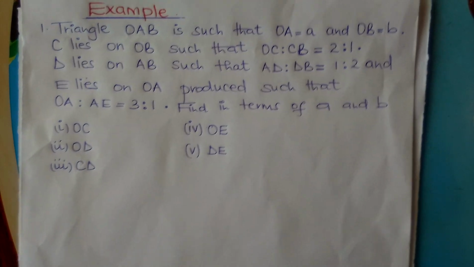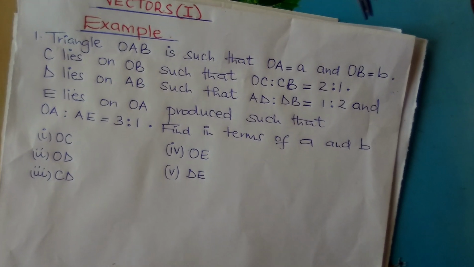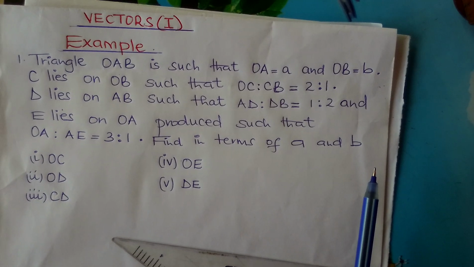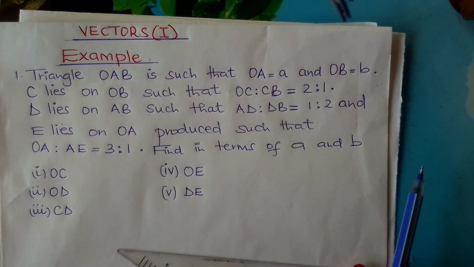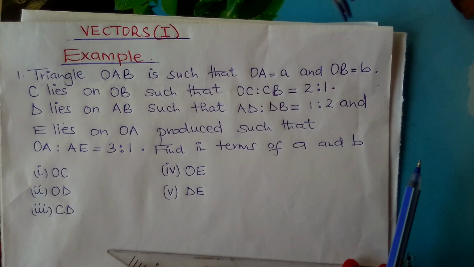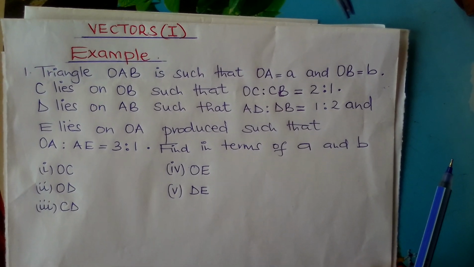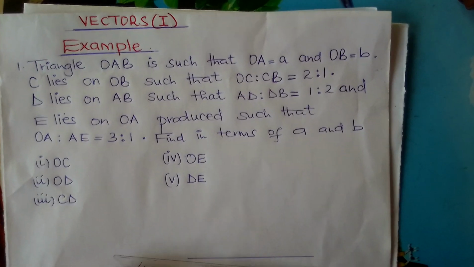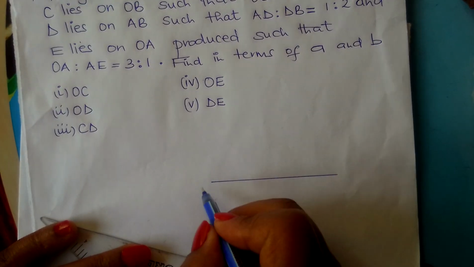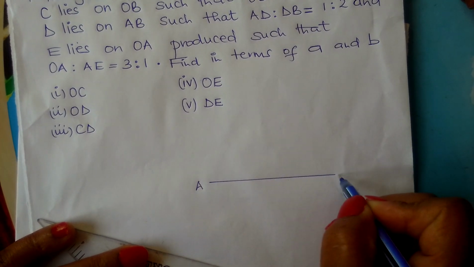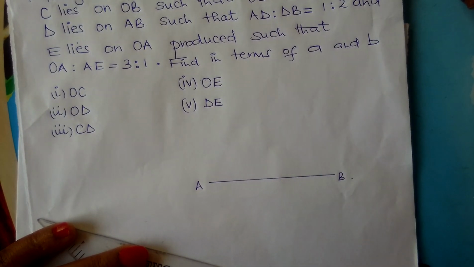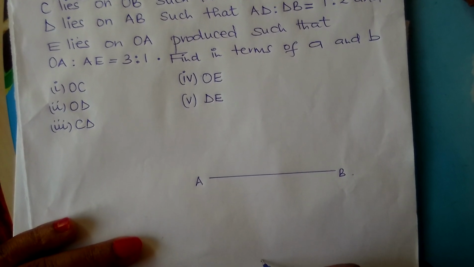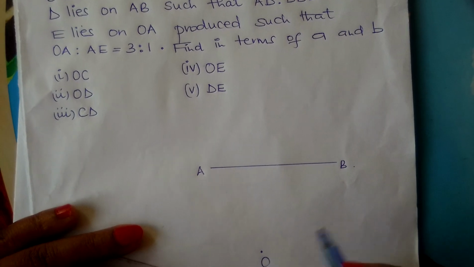Learner, the first thing that you do is to draw the vector diagram here. You are told triangle OAB is such that OA is equal to a. Come and draw your line here, AB. You start with AB. We'll call this A and this B. Then from there, fix a point O. We normally call it the origin.